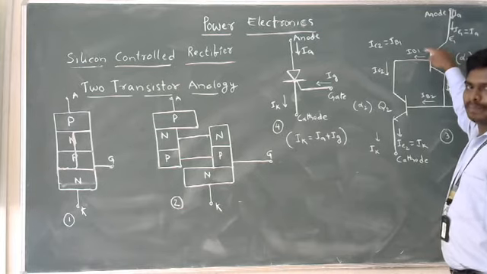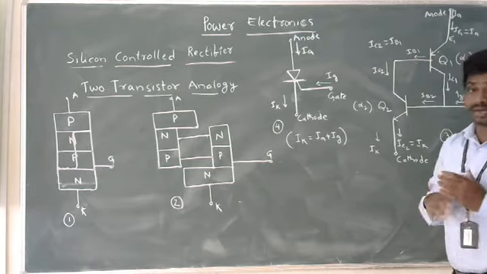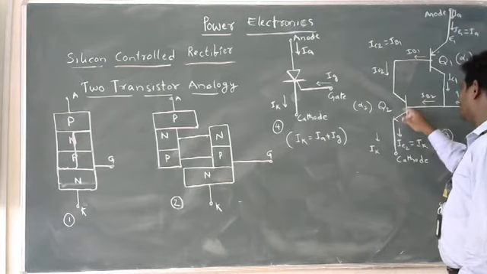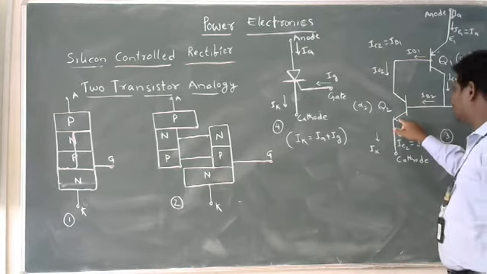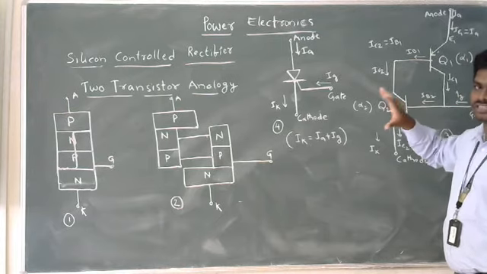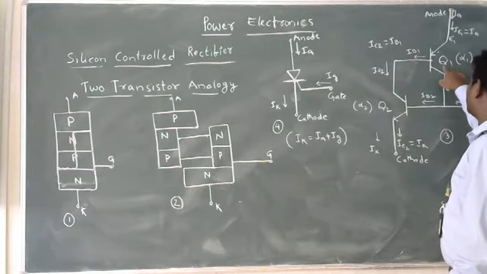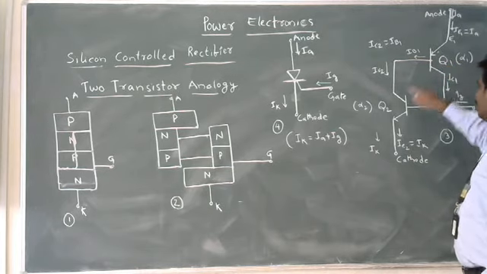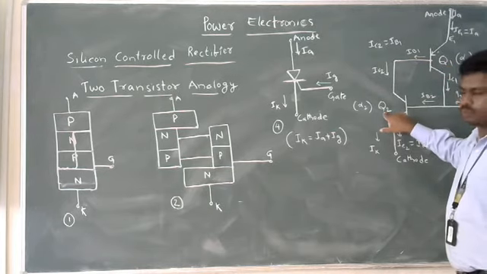If the arrow mark comes out from the base terminal, that indicates the NPN transistor. So this is the transistor model for the SCR. I am calling this transistor Q1, and this one Q2.